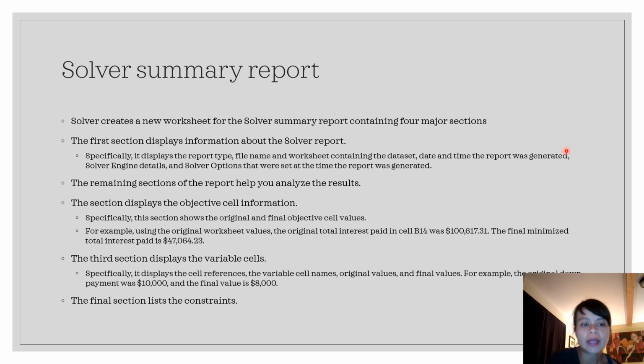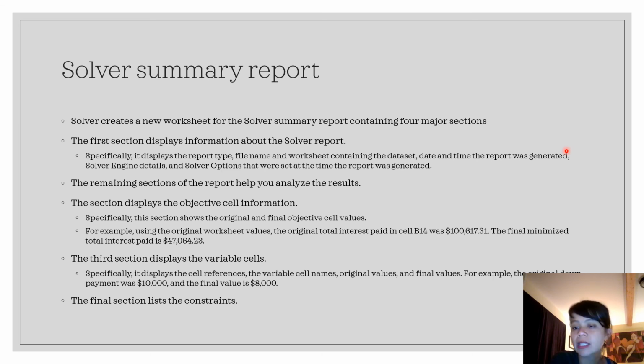Now let's look at the summary report. Solver creates a new worksheet for the Solver summary report containing 4 major sections. In the next slide I'll show you the 4 different sections, but first let's talk about them. The first section displays information about the Solver report.